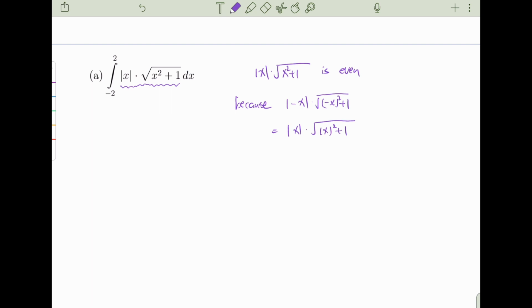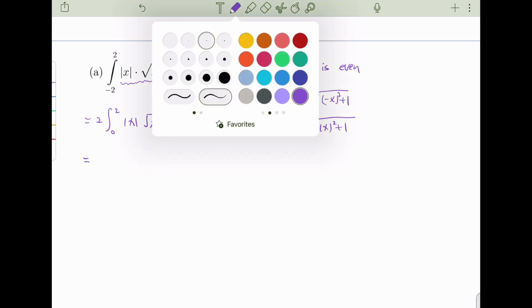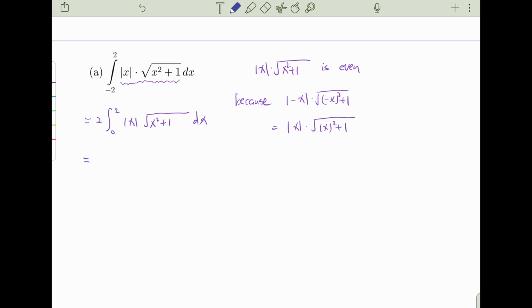Okay, so knowing that, we can use the symmetry. The interval is also symmetric, so now this becomes twice this definite integral from 0 to 2 of the square root of the absolute value of x, dx. The advantage of using the symmetry is that we will be able to simplify the function being integrated, because now we know that the upper bound and lower bound are both greater than 0.